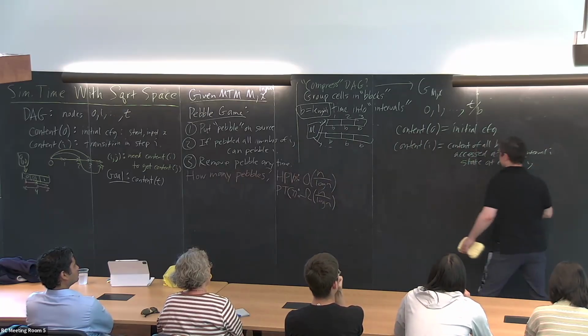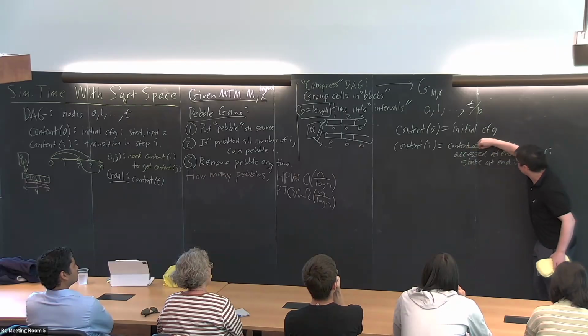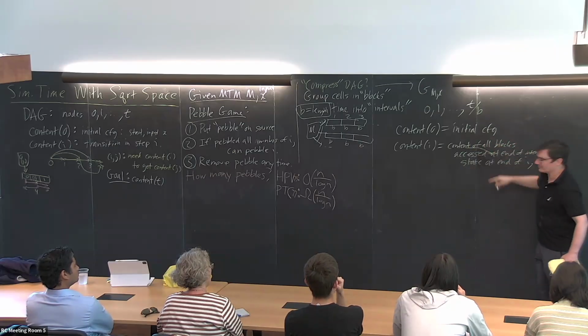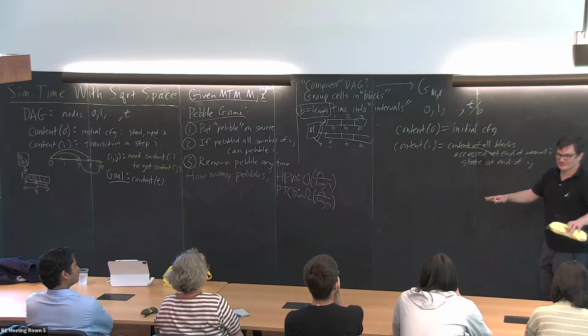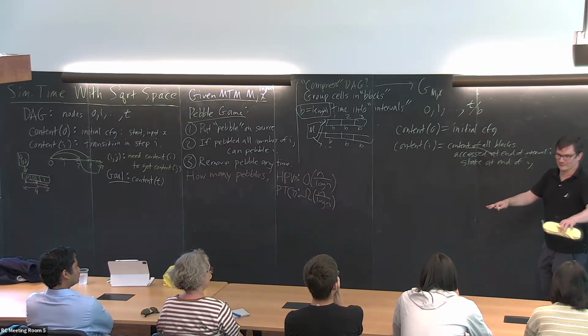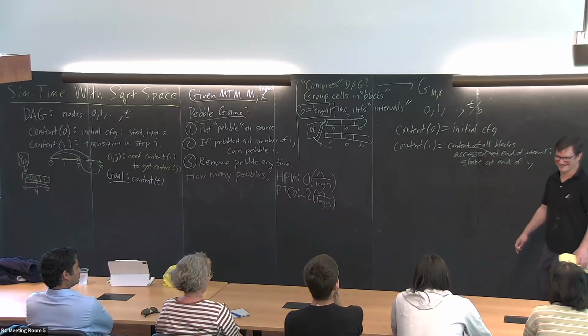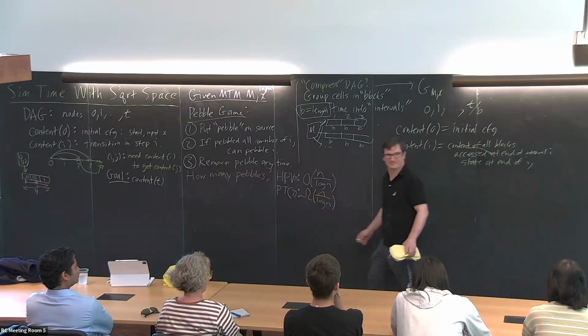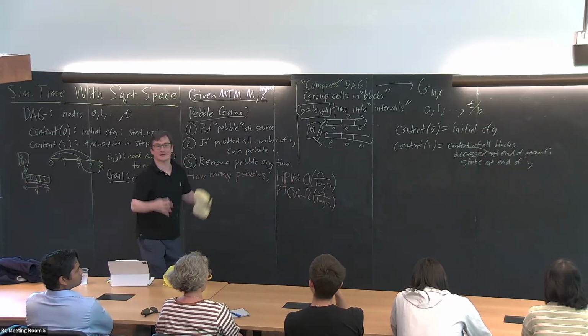But what do you mean by access at the end of the interval? Not just of the whole interval. It's the content at the end of interval I of all the blocks accessed. So there's a bunch of blocks accessed during interval I, and I want their content at the end of interval I. You're saying a bunch of them, but it's still a constant number.